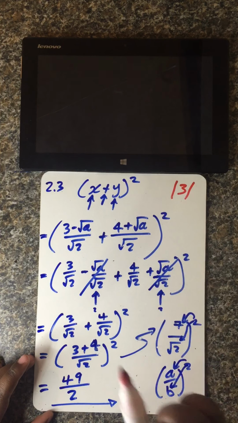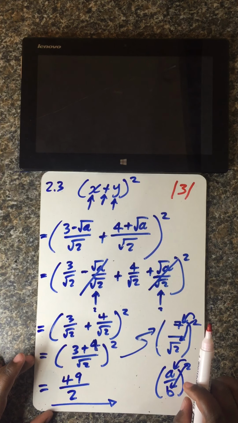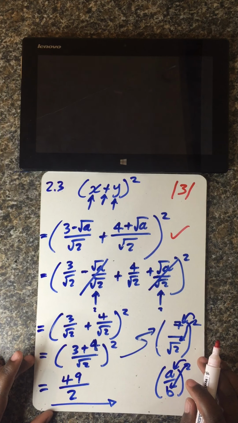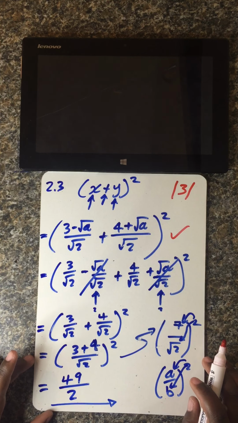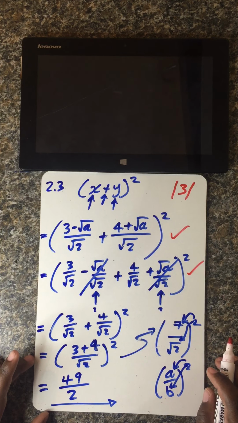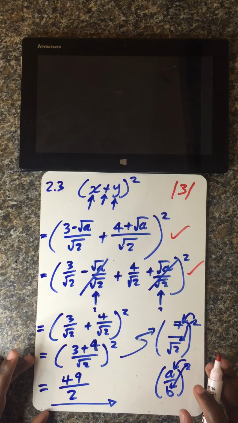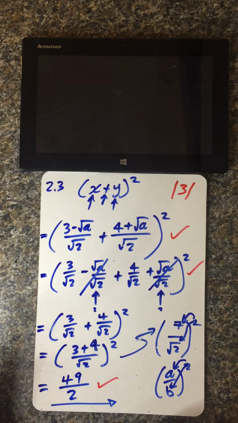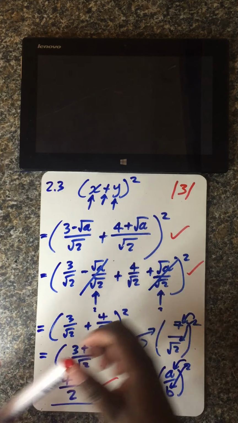Remember this question is allocated 3 marks. This is where they can give you a mark just for correct substitution, and this is also where they can give you a mark for expanding all of that. Obviously your final answer will be allocated a mark.